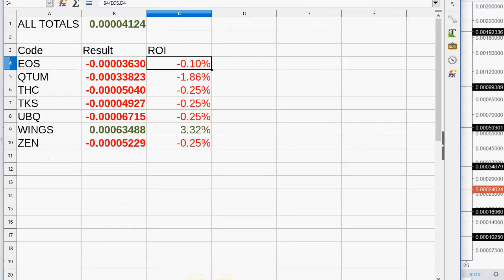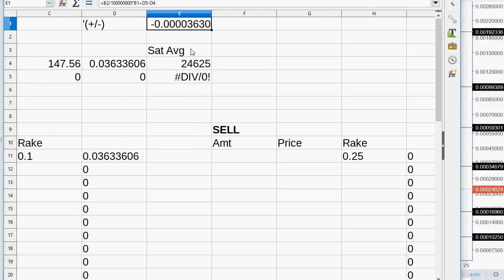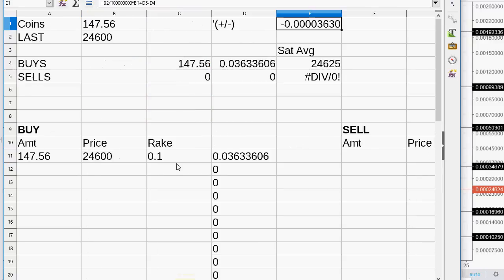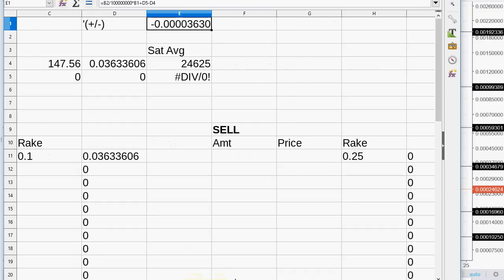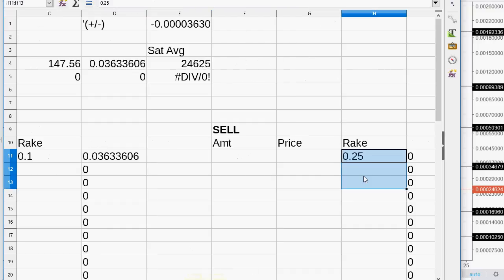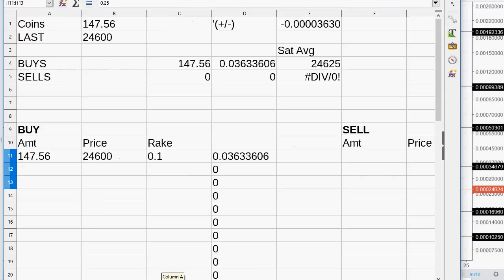And to calculate this, I'm just taking the number here, which is calculated from on the plus minus by taking the net amount of sales and taking the value of what your portfolio is worth, which we can do with the last price and how many tokens you have left, and you subtract that from the buys.